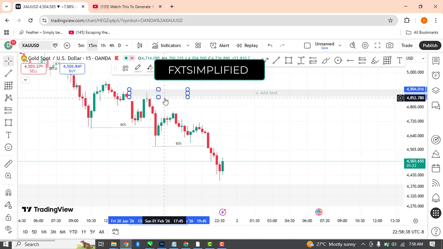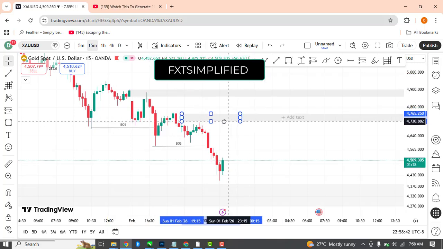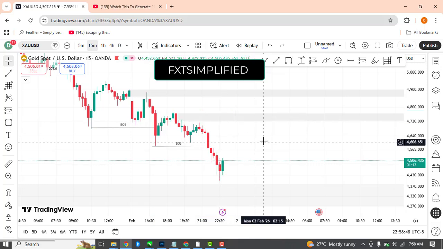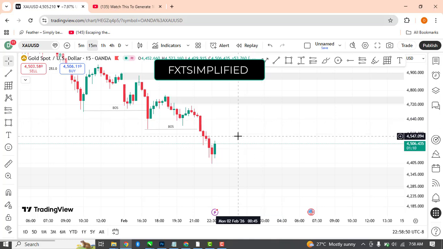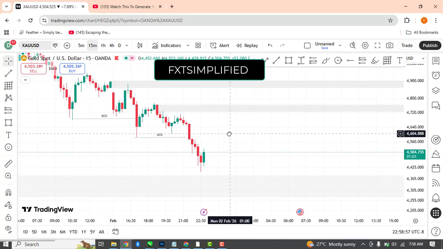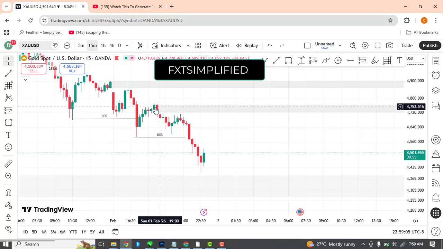Then, the last break of structure that is here means that we also have another supply zone right there, right? Because price is still selling downward, and before price could actually turn to buying, there's going to be a break of previous high.